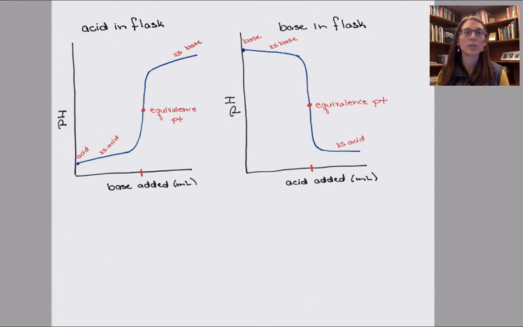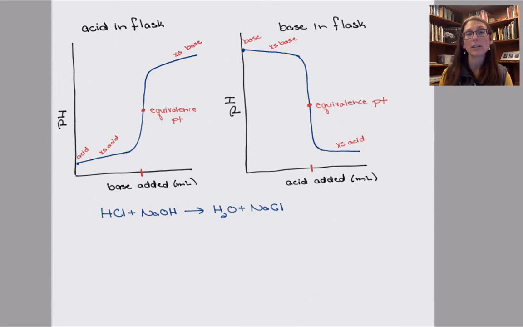If we take a closer look at the pH of the equivalence point for a strong acid, strong base titration, we will find that that pH is going to be 7. So the classic strong acid, strong base titration would be hydrochloric acid and sodium hydroxide. And since there is a strong acid and a strong base present, this reaction will go to completion. And it forms water and sodium chloride in this double replacement reaction.